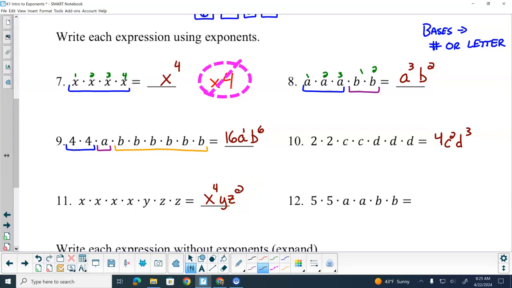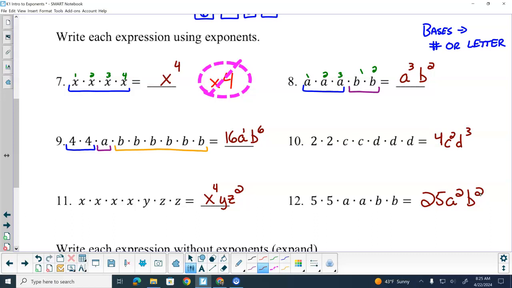Good job. Colin, what did you get for number 12? Yep, exactly. 25 A squared B squared, or 25A to the 2nd power B to the 2nd power. Good job. Okay. That is condensing.